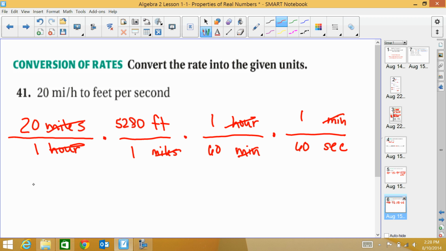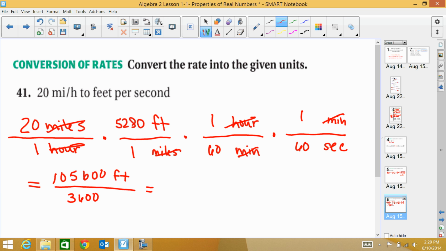So then I multiply straight across. So 20 times 5,280 would be 105,600 feet all over 1 times 1 times 60 times 60, which would be 3,600. And then we divide.